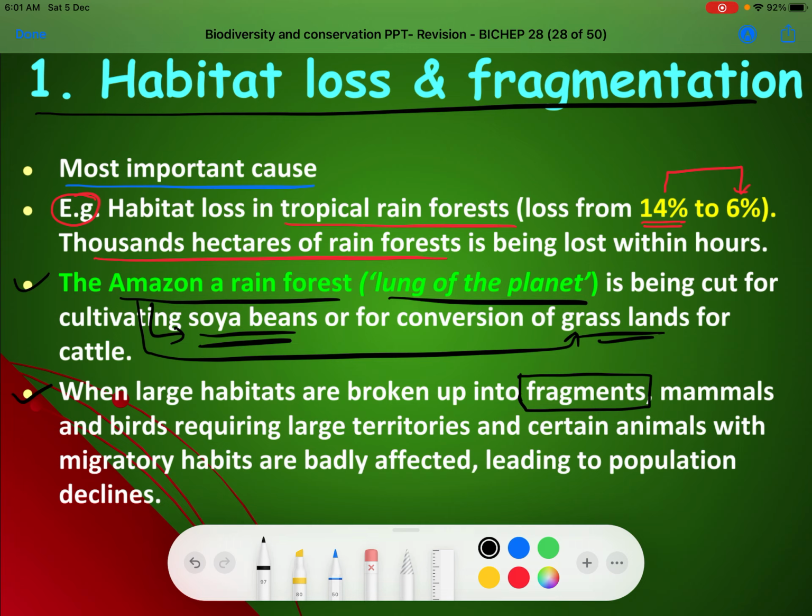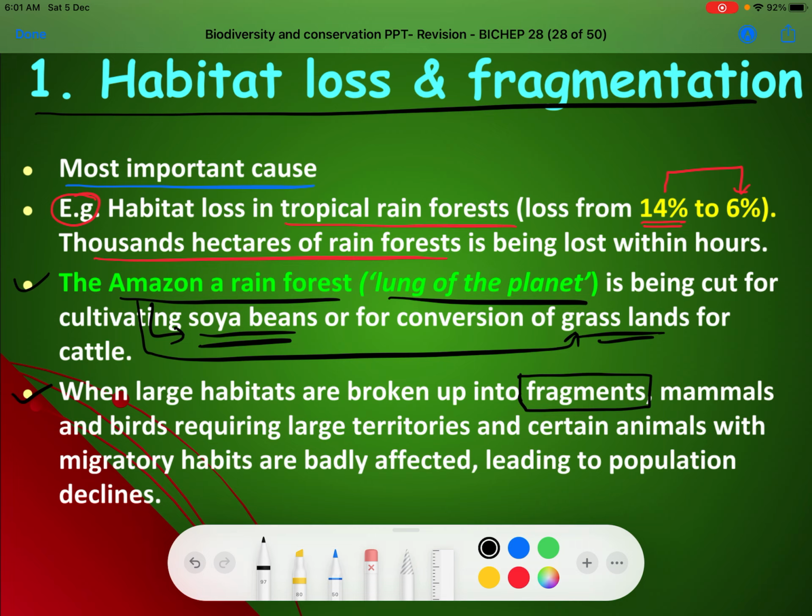These states are dividing themselves from the other states. So we are making a few fragments of a particular type of ecosystem, which leads to large habitats being cut down into small habitats. So we are breaking the large habitats into small ones, right?